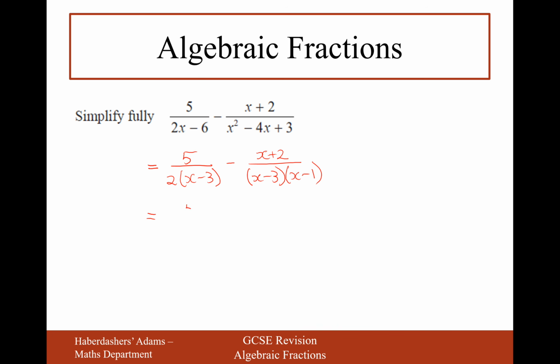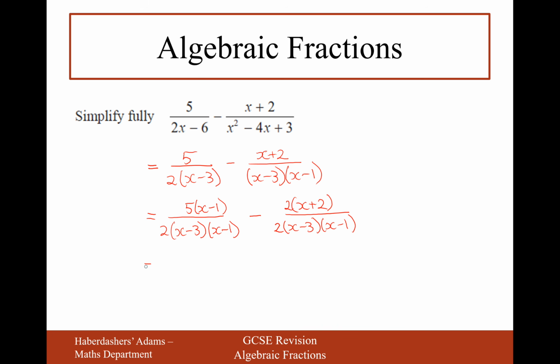On the left-hand one, I need to make the denominator 2, x minus 3, and the only thing I don't have on the left-hand fraction that is on the right-hand fraction is x minus 1. So I'll need to put that on the bottom and on the top. On the right-hand fraction, the only thing I don't have is I've got an x minus 3, I've got my x minus 1, I don't have a 2, so I need to multiply the bottom by 2 and the top by 2.